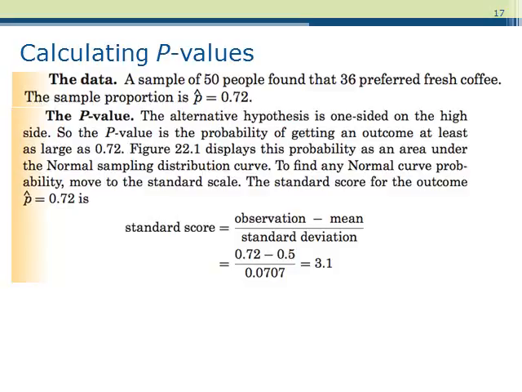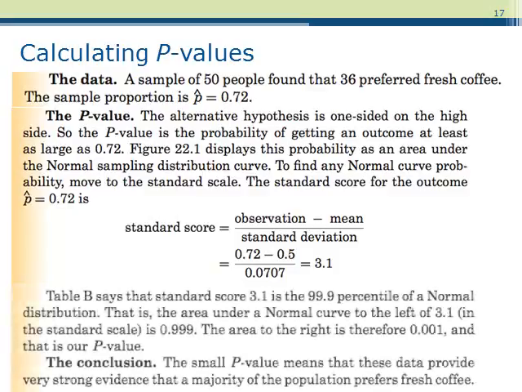To find any normal curve probability, move to the standard scale. The standard score for the outcome 0.72 is equal to 3.1, which again is found by subtracting the mean and dividing by the standard deviation. Table B says that the standard score 3.1 is the 99.9 percentile.